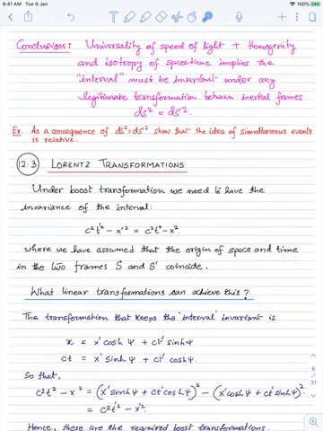Okay, this is like a generalization of the concept of distance. And if you like, you can put a vector here. Okay, that's what I mean.